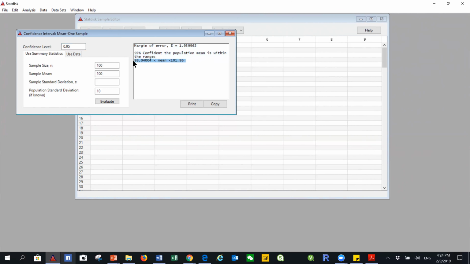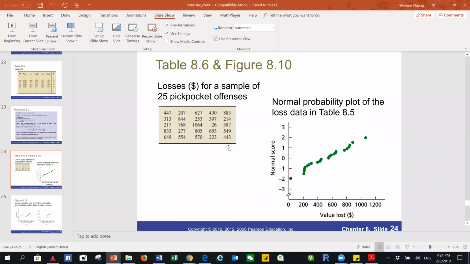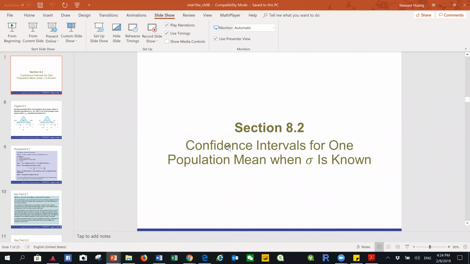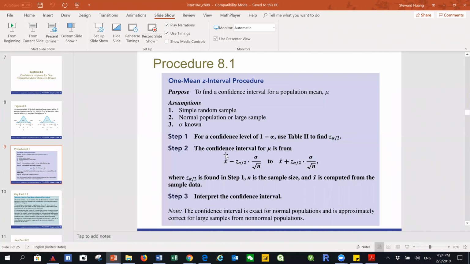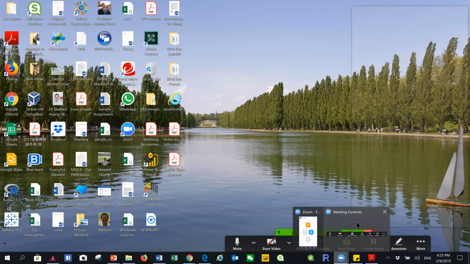And how do they get this value? They use the formula I showed just now, right here. Manually, if you are to calculate, that is the formula you use.